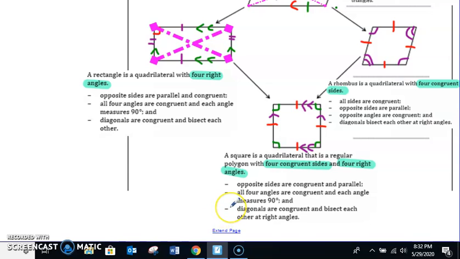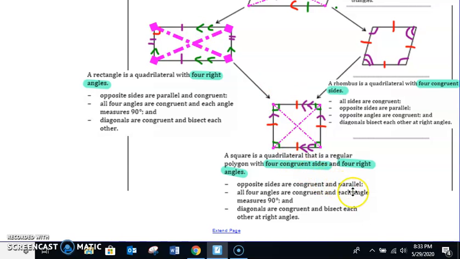And the last fact you need to know is that the diagonals are congruent and they bisect each other at right angles. So we're going to go ahead and draw them. So if I draw my diagonals connecting the opposite angles of my square, I should notice two things. The diagonals are congruent to each other, which means that they are the exact same length.